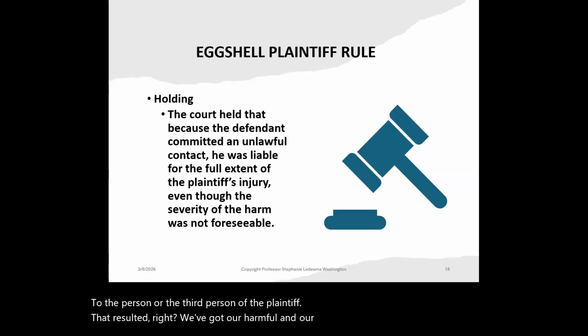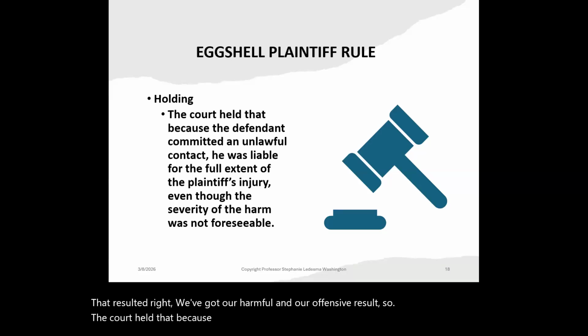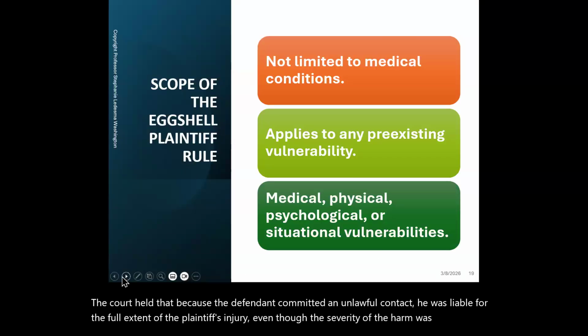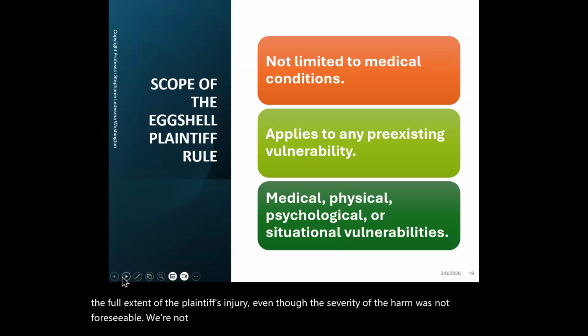So the court held that because the defendant committed an unlawful contact, he was liable for the full extent of the plaintiff's injury, even though the severity of the harm was not foreseeable. We're not looking at the severity of the harm, and our foreseeability is not to the extent of the damage.